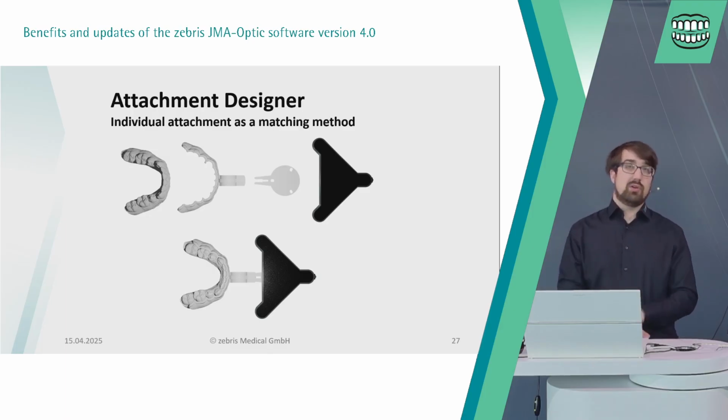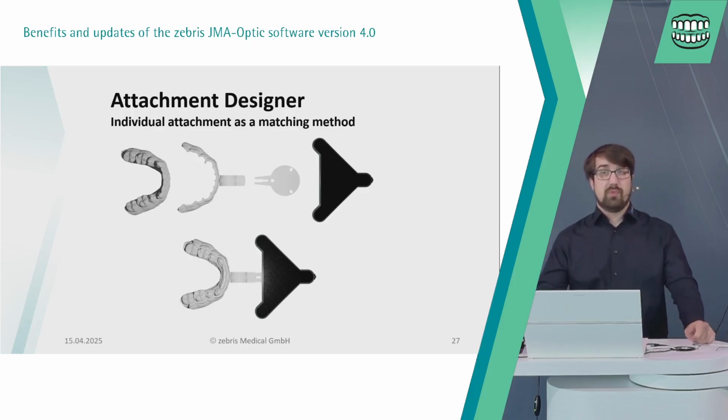And when we combine it together, we can now calculate from our sensor through our attachment to the lower jaw, and through our I/O scan, we get the positioning of the upper jaw.